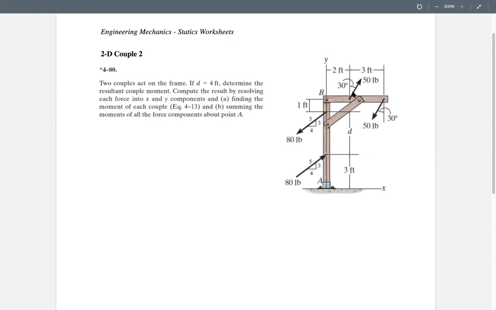If I broke this force up into its vertical component and its horizontal component, the horizontal components are pointing at each other, which means they have a perpendicular distance of 0 because there's no distance between them. So that's how you know you broke up the force right, because if the dimension isn't labeled, you don't need it.